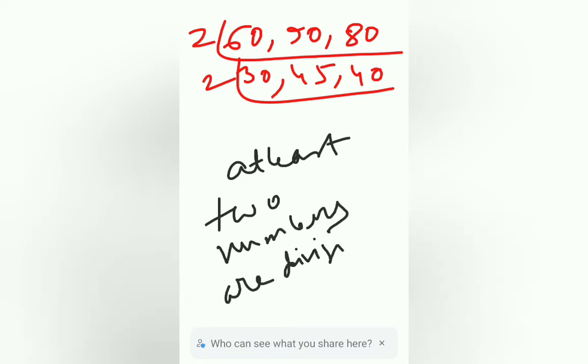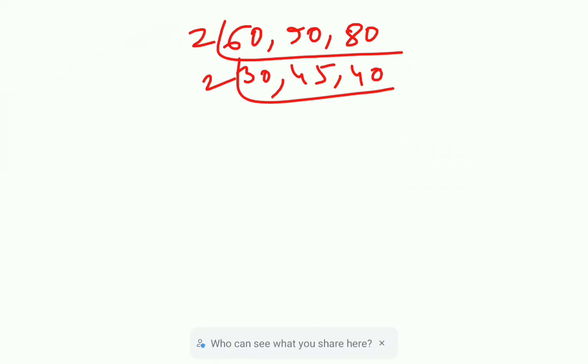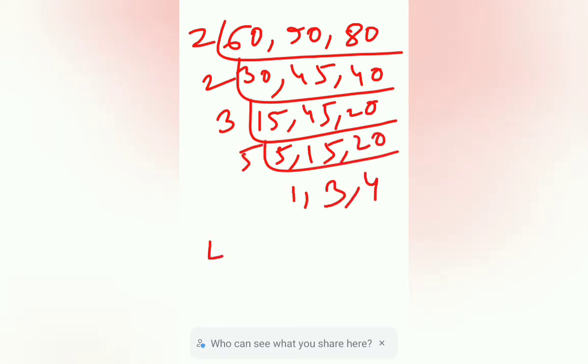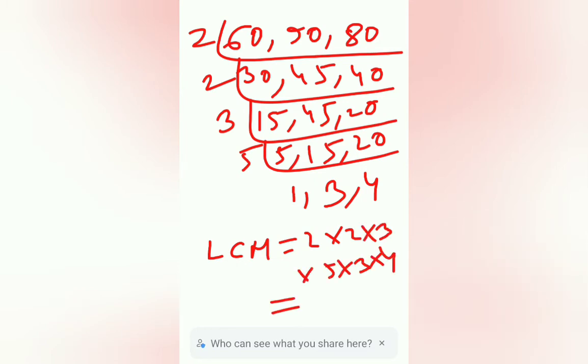So here you have to keep in mind that at least two numbers should be divisible by the prime factor. 30 and 40 are divisible by 2 but not the 45. Here the LCM is 720.